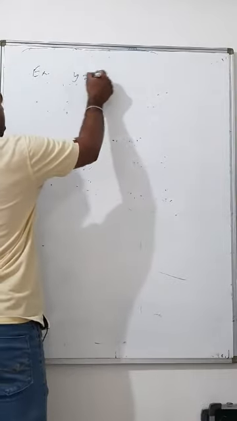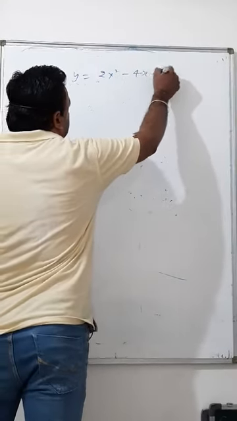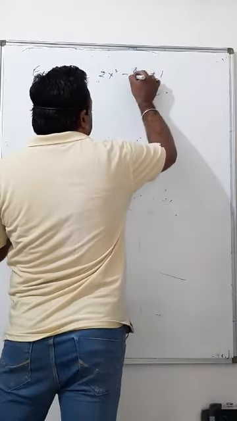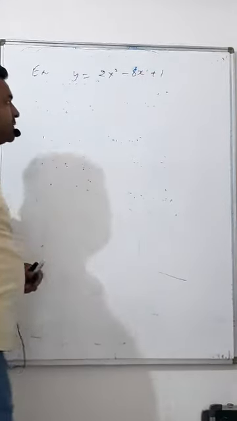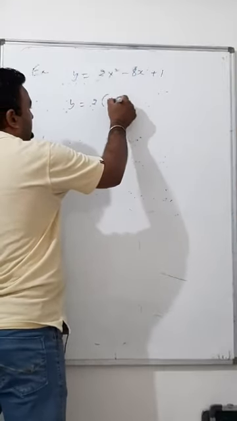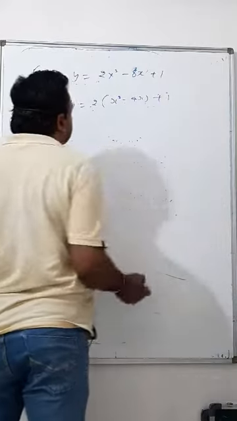Here I have y equals 2x square minus 4x plus 1. What I do here: y is equal to 2 common x square minus 4x plus 1.